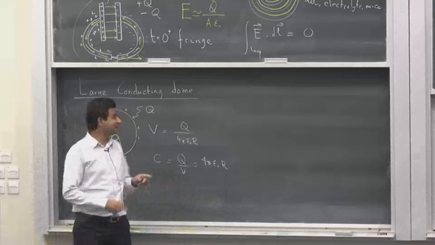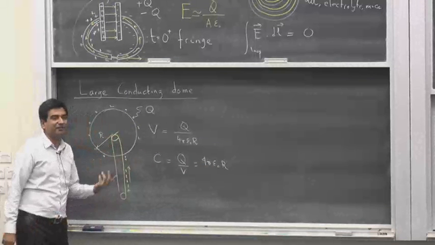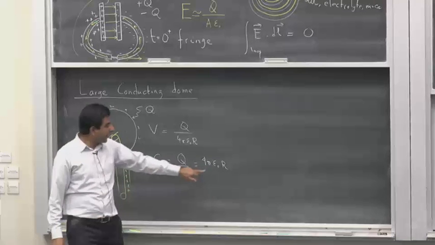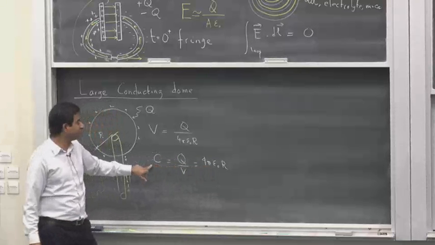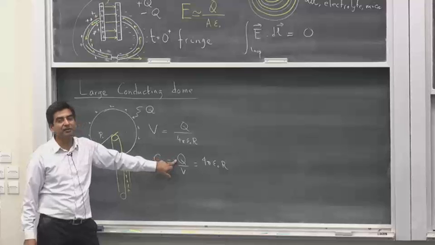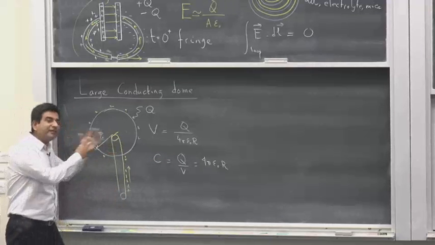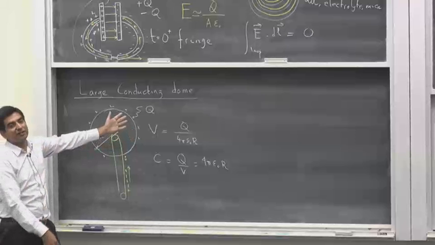If I have a radius, say of 10 centimeters, which is 0.1 meters, which is a typical radius, this epsilon naught is so small that it keeps C small, it keeps Q small. The amount of charge is really small, and when I touch it, only that charge is available to constitute a current.